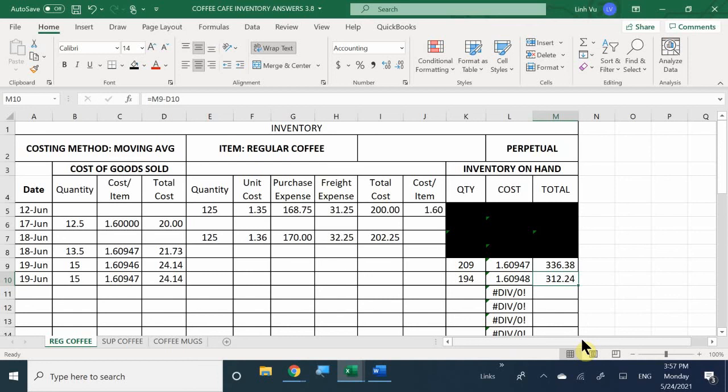Okay, I messed up. I'm using last in first out. I'm not using the average.